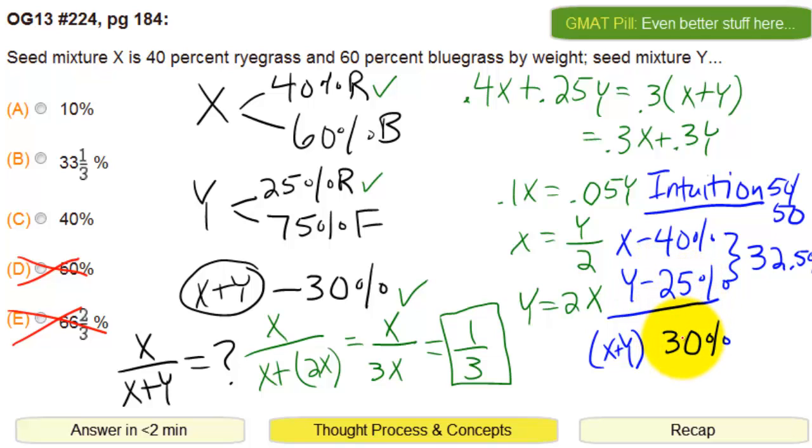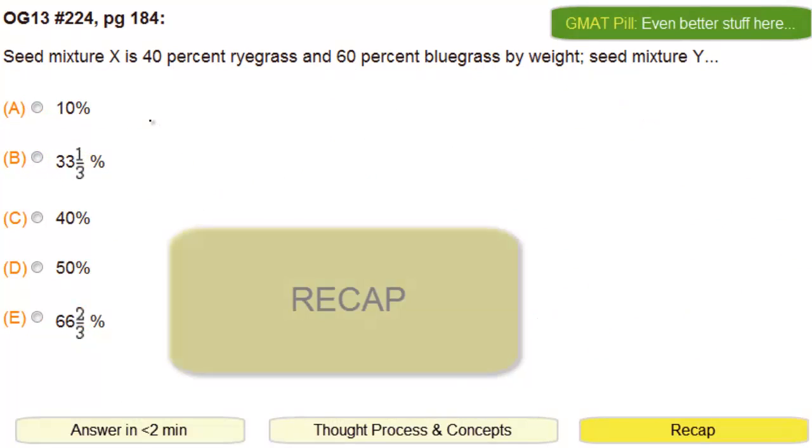Since we're told it's 30%, 10 is probably too extreme. So really only B and C make sense. You can eliminate A, D, and E, and just based on intuition alone, you can guess between B and C. Of course we did the math in the first part, and the math gave us 1/3 as the final answer, and that's why we choose B.